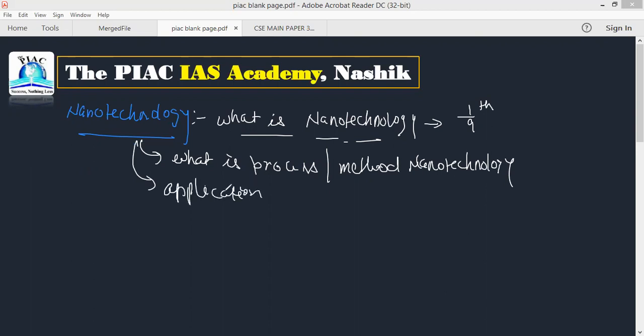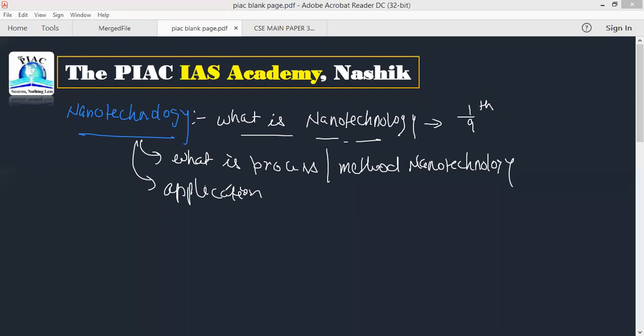If I give a recent example, initially when the computer was invented, it was kept in one single room. It occupied a whole room at that time, and its functioning was very limited.